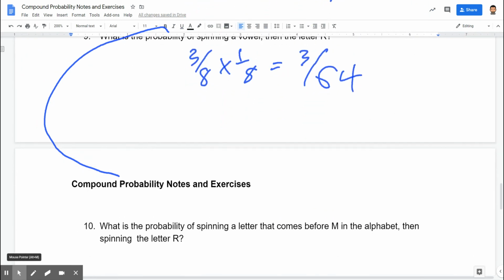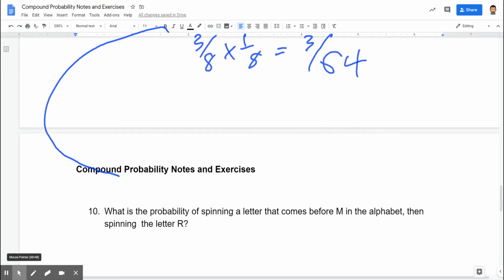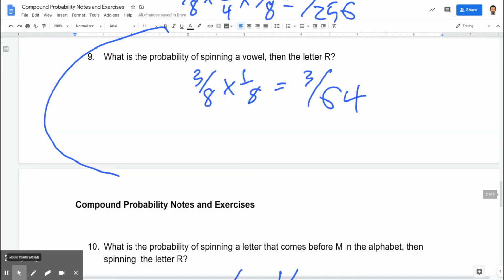Probability of spinning a letter that comes before M, then R. Well, I know that last one, the R, is going to be 1 out of 8. So all I need to do is figure out how many letters come before M, and it's going to be some number out of 8, and I'm going to multiply. So now let's go back up to the wheel, and we will count all the letters that come before M in the alphabet.